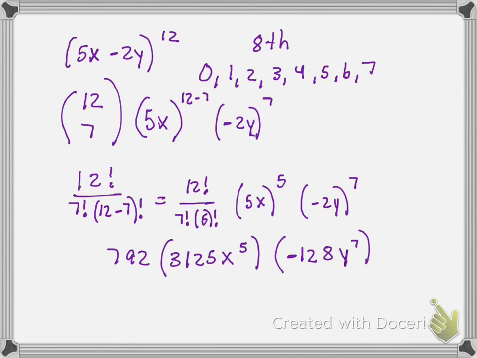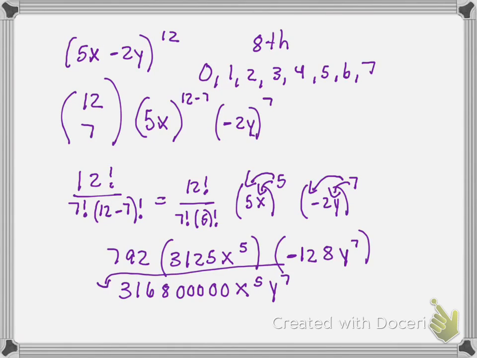And remember that you're distributing the 5 to the 5 and the x, and the 7 to the 2 and the y. So that's how we're getting these. And then when we multiply them, we get a very big number, 316812312 x to the 5th, y to the 7th, and remember we still have this negative that needs to carry there, so we have negative that. So that is how you find the 8th term of this binomial.